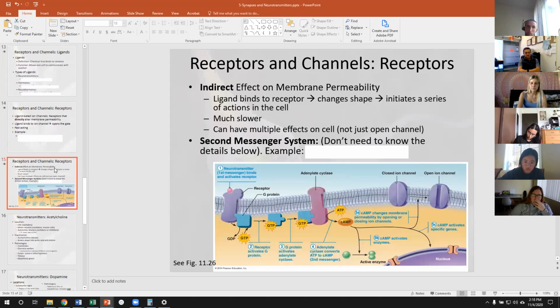The indirect one is when it binds to a different receptor, not the ion channel, and then sets off a whole chain of events inside the cell, one of which includes opening up a different ion channel. We could also do things inside the nucleus, like activate genes or enzymes. So this is an indirect way to open up one of these channels, the second messenger system, whereas the other is a direct way.